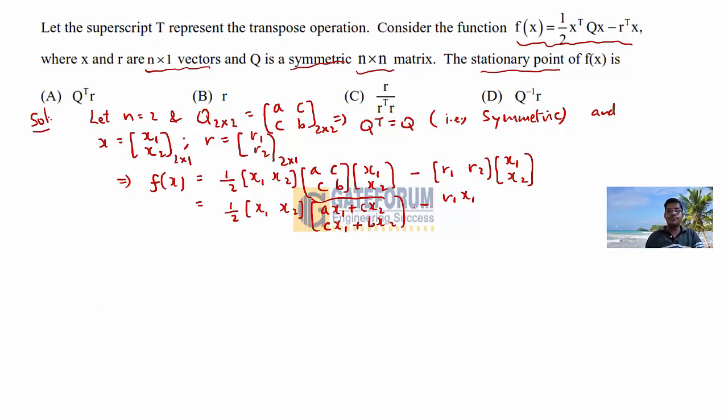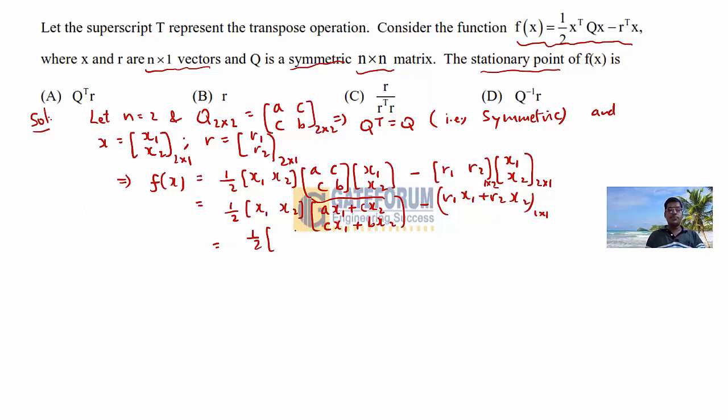This is R1 X1 plus R2 X2. So this is 1 cross 2, 2 cross 1. Finally, this is an element 1 cross 1. Similarly, 1 cross 2, 2 cross 1, you will be getting 1 cross 1 element.